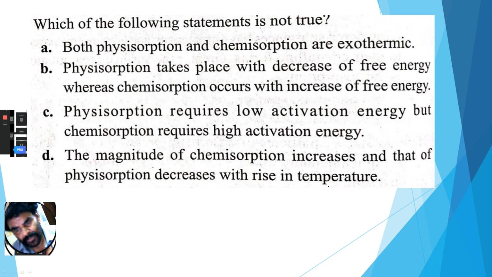And physical adsorption takes place with the decrease of free energy, whereas chemisorption occurs with the increase of free energy. Both are spontaneous processes, delta G is negative, so statement B is wrong. In both cases, free energy decreases. B is wrong, so that is the correct option for us.